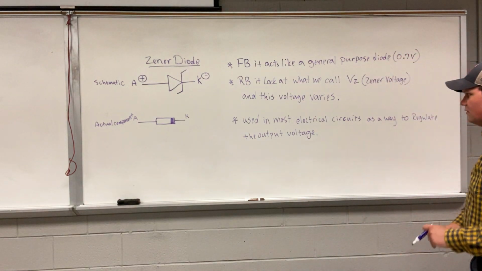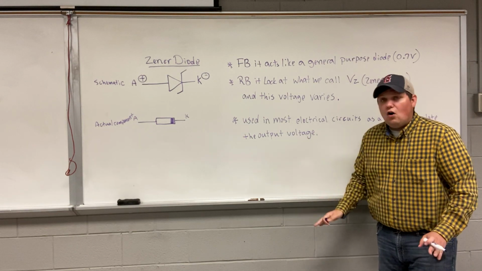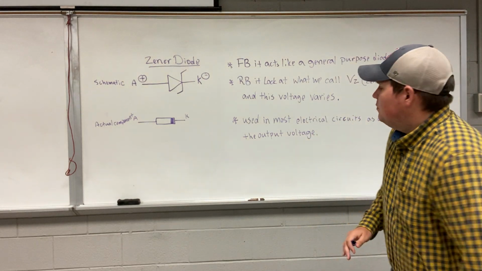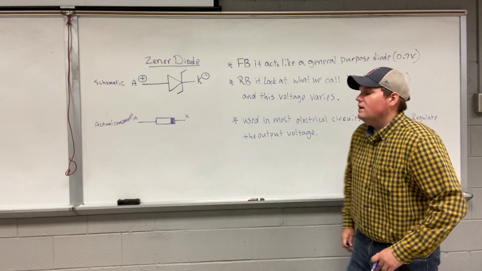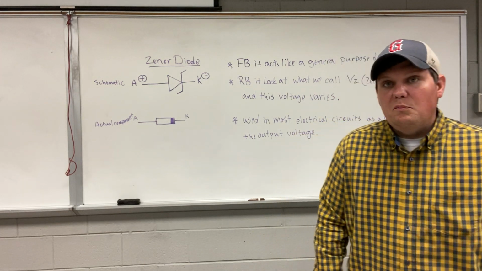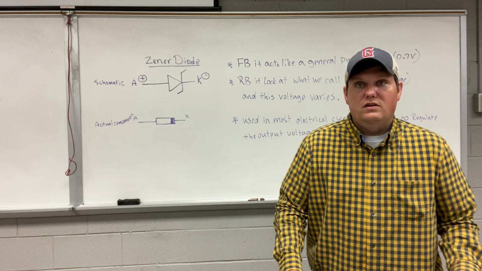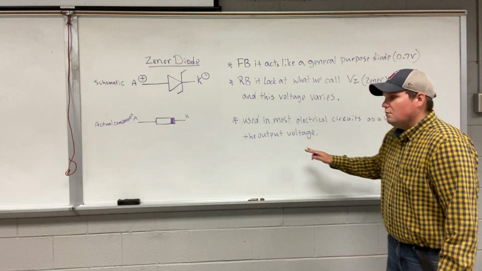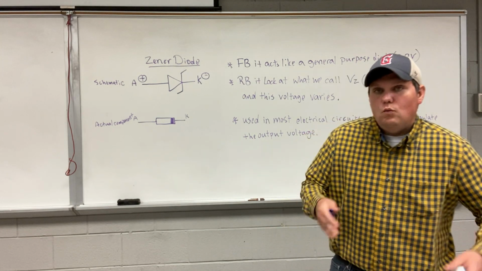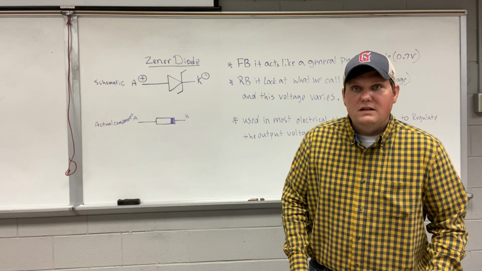A Zener is going to be used in all of your electrical circuits, because what this is used for is voltage regulation. There is no set number. Zeners come in all different values, everywhere from a volt up to 200 volts. And it's used to be a voltage regulation.